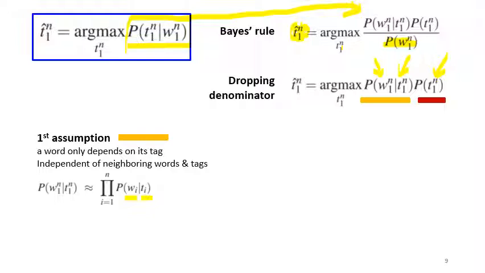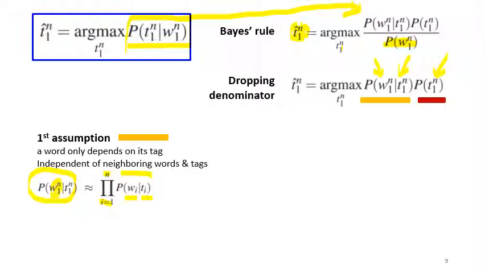And then to get the probability of word 1 up to word n, we just multiply this probability from position 1 up to position n. So now we calculate this term with the probability of seeing word 1 given that the tag is tag 1, times the probability of word 2 given the tag is tag 2 only, probability of word 3 given that the tag is tag 3 only.